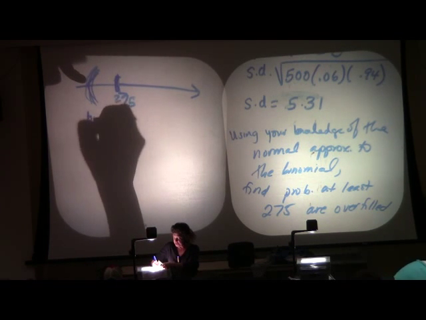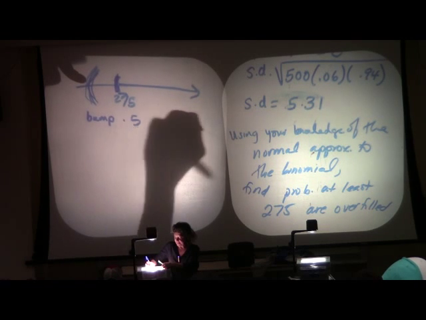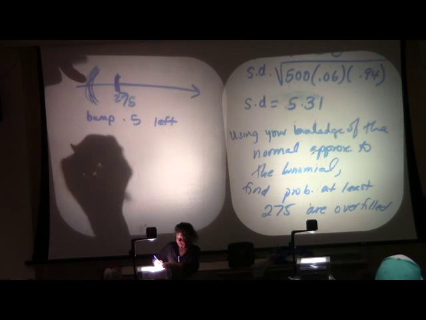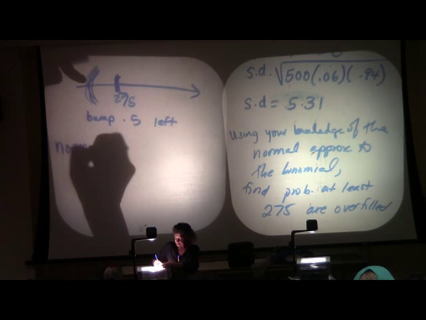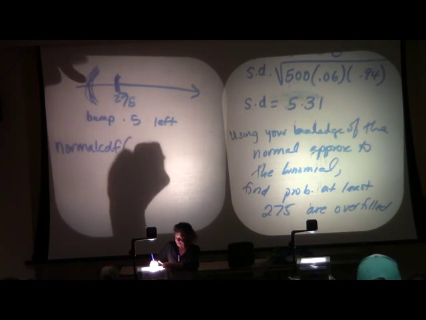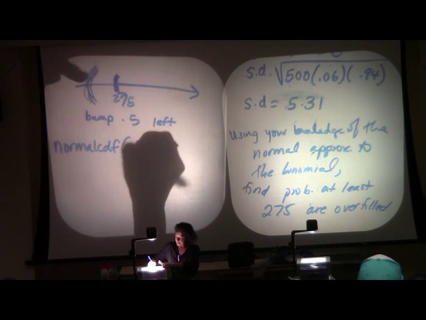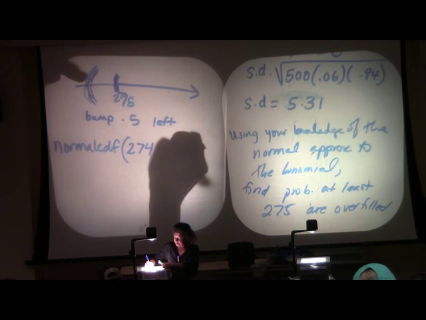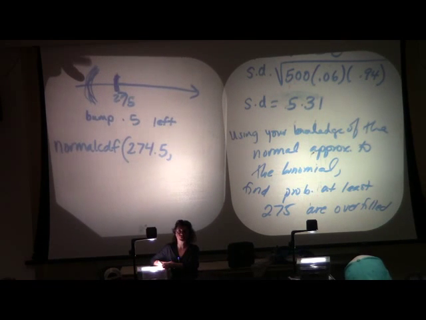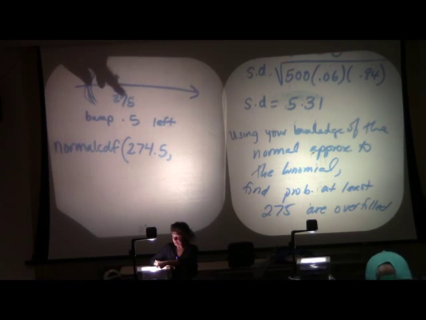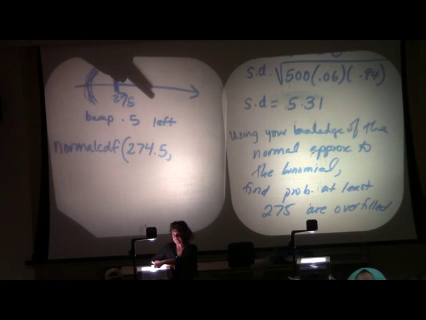So what you do then is you bump 0.5 to the left. In other words, for your normal CDF, I claim the lower is 274.5. That gave me my little leeway here to count that 275.